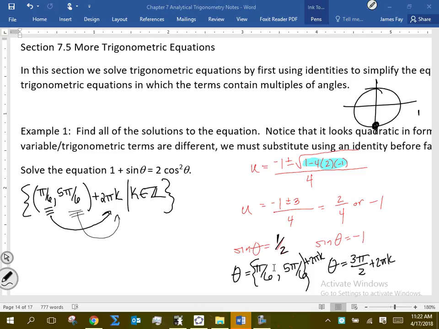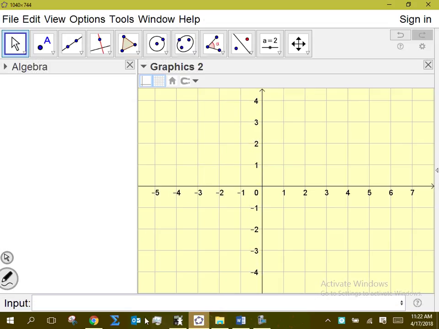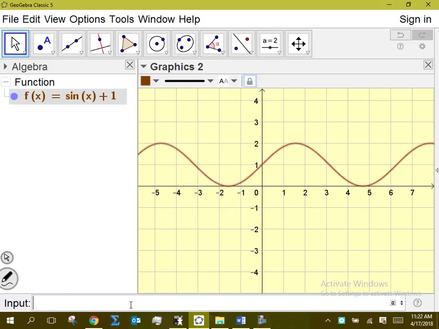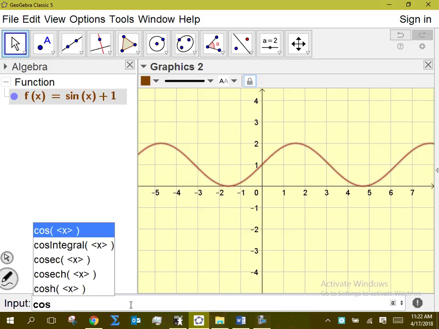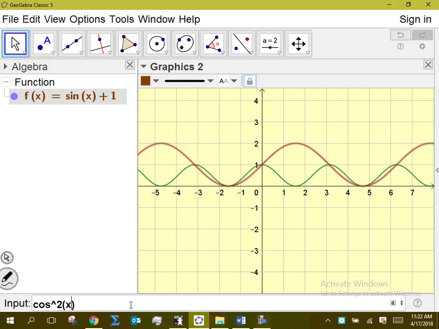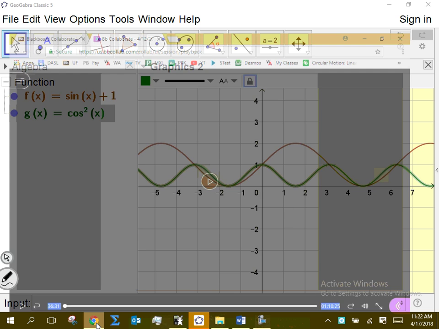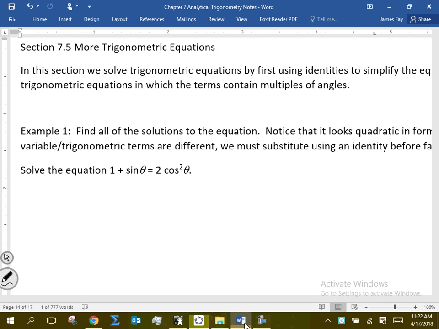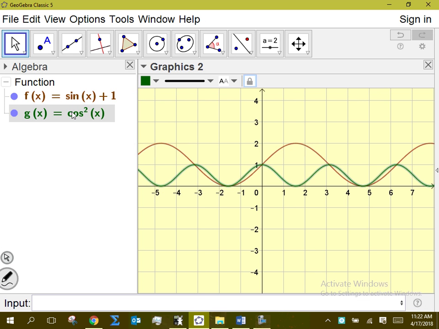We can graph these. Obviously, this thing here is going to be just a sine function shifted 1 unit up. So sine of x plus 1. And the other one was, what was it, 2 cosine squared?